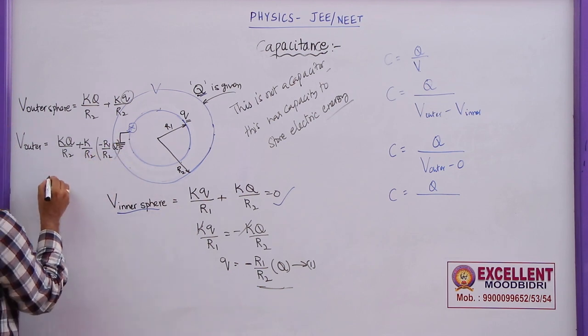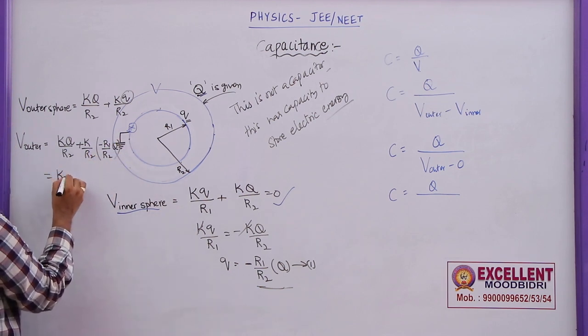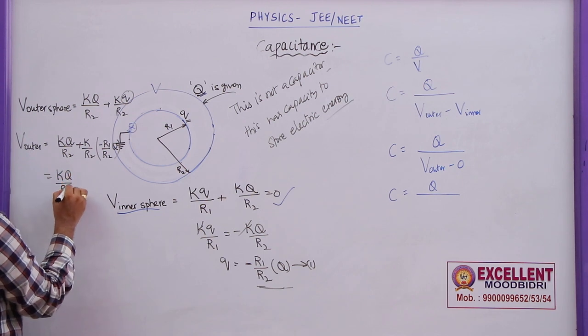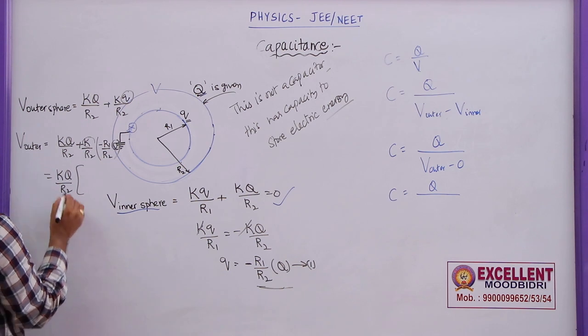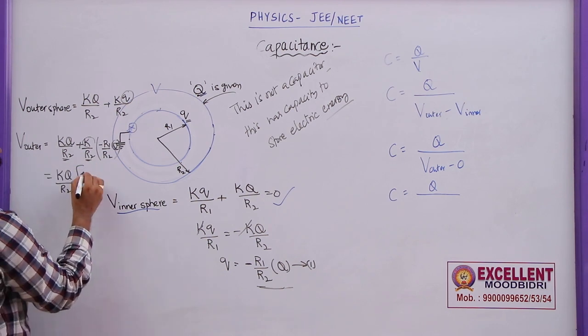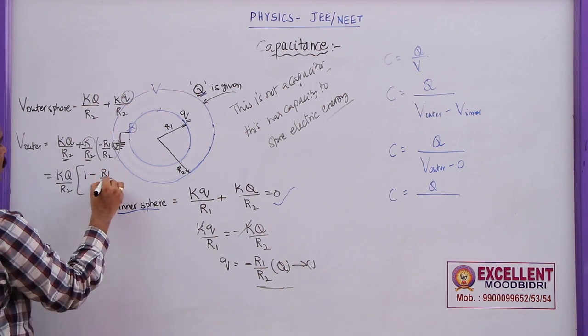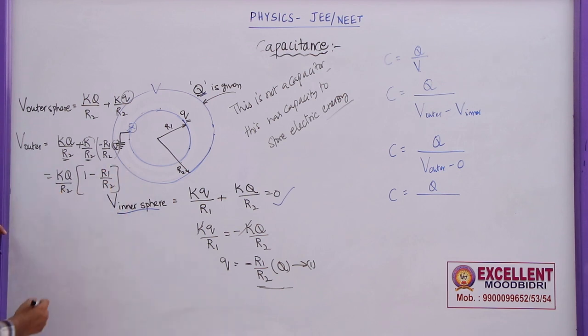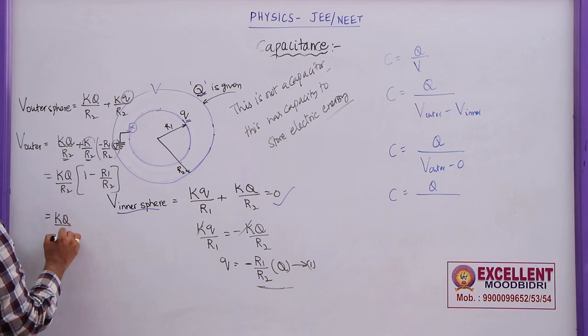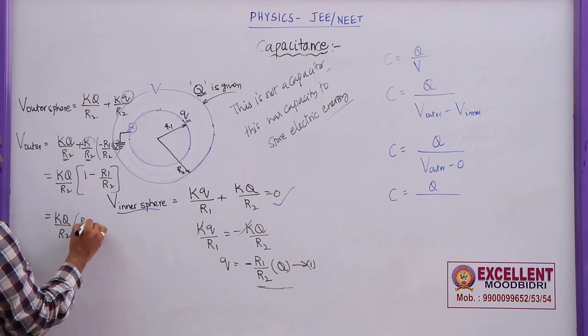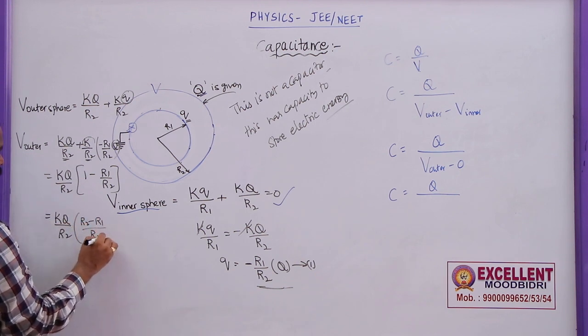You can see here, kQ by r2 is common. So what are the remaining terms? 1 minus r1 by r2. Now if you simplify this equation, we get kQ by r2 into r2 minus r1 by r2.